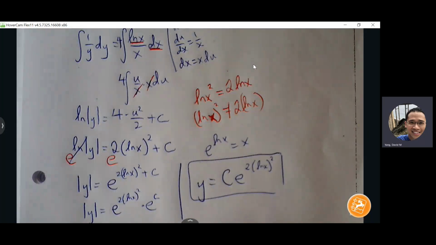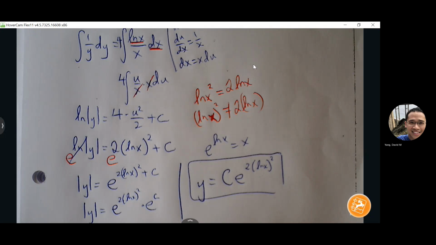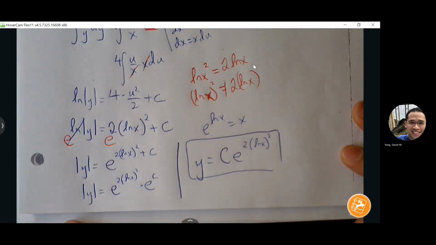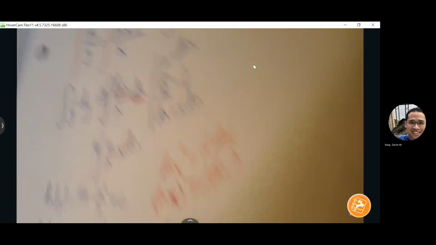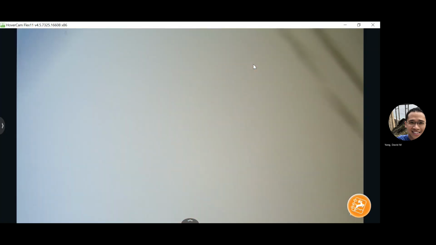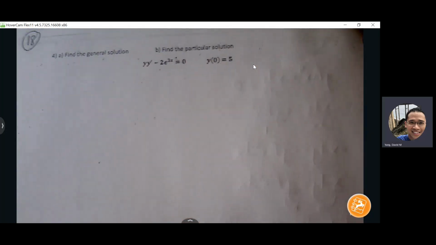Okay, next page, page 18. All right, see how far you guys can get.